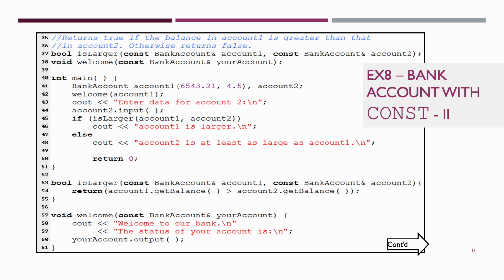Then it compares the balance using an if-else statement. Whether account 1 or account 2 is larger depends on the user input, because account 1's value is already initialized, but we don't know what we are getting for account 2 from the user. This simple comparison will output which account has a greater balance based on the user's input. That's it.